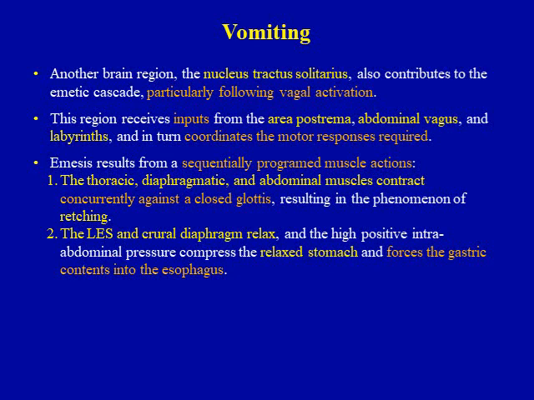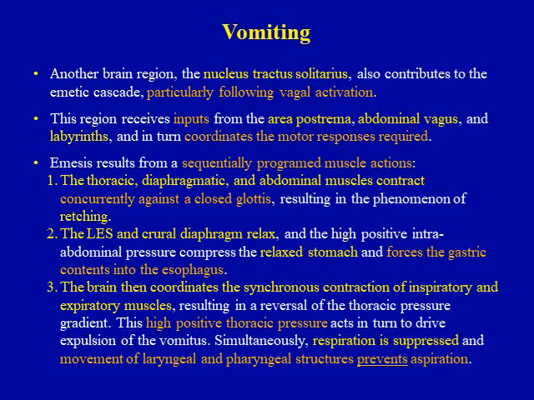So during vomiting, the stomach is relaxed and the pressure is coming on the wall of the stomach from outside due to the contraction of the abdominal muscles and the diaphragmatic muscles. Then the brain coordinates the synchronous contraction of the inspiratory and expiratory muscles, resulting in a reversal of the thoracic pressure gradient.